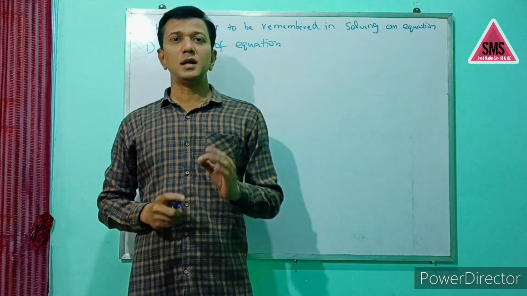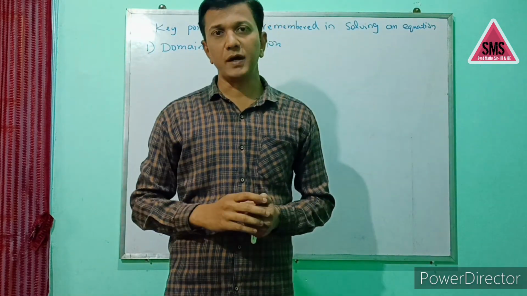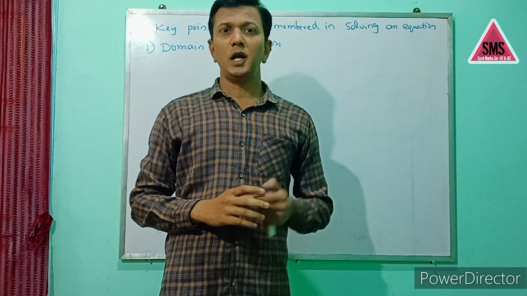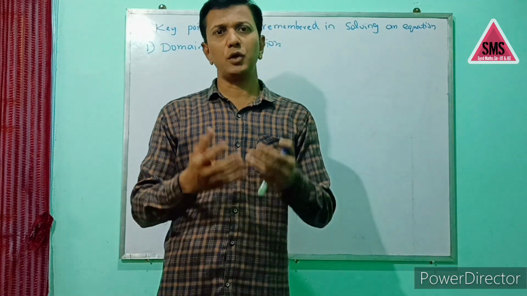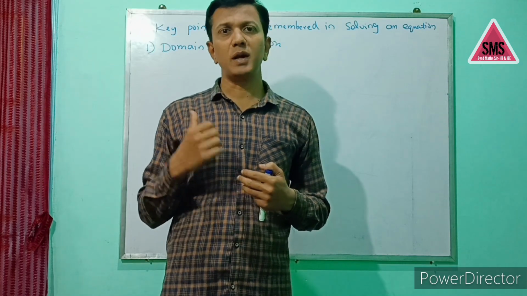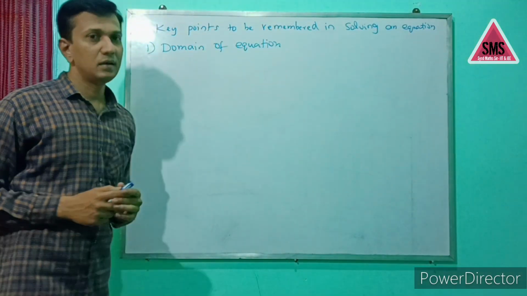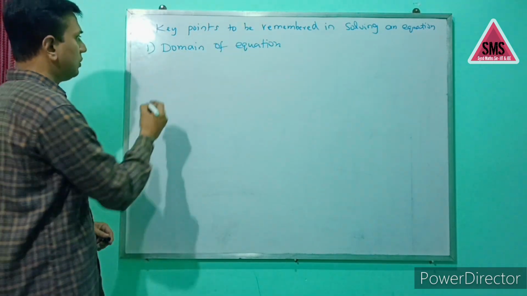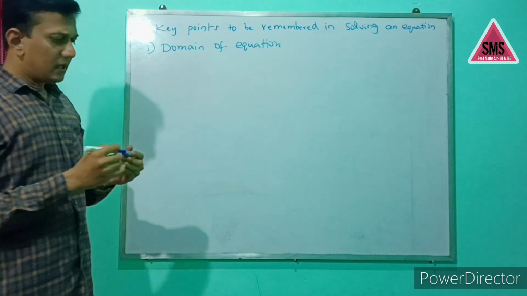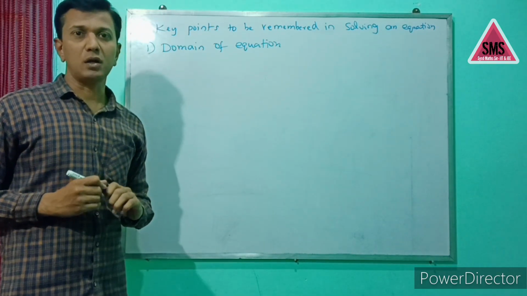Domain is nothing but the input values which are to be given to the function, and you know about the range also. Range is nothing but output values we are going to obtain after giving these domain values. Well, before solving an equation, we have to check whether these values are suitable for the given condition or not.